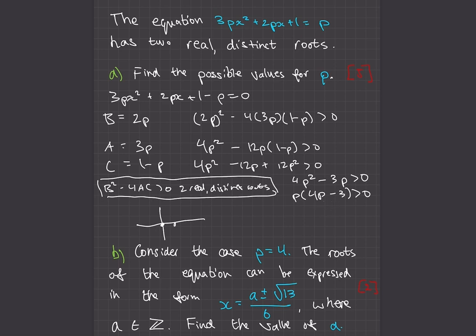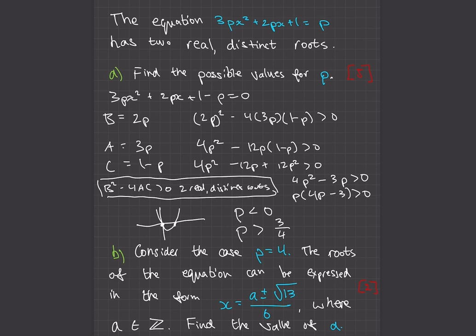It's a positive quadratic, so the segments we're interested in are the outer segments, because on these values it's positive, and in between it's negative. So all we need to say is that p is either less than 0, in which case both factors are negative, or p is greater than 3 over 4.